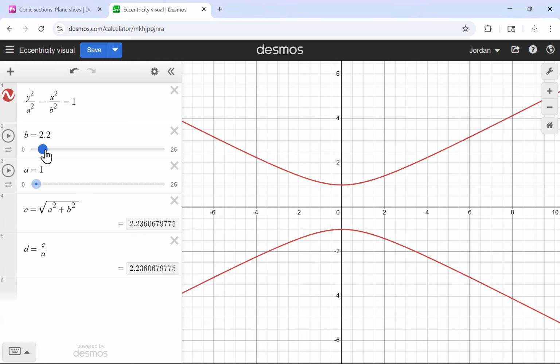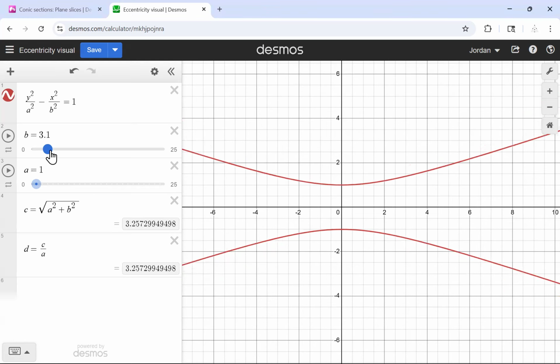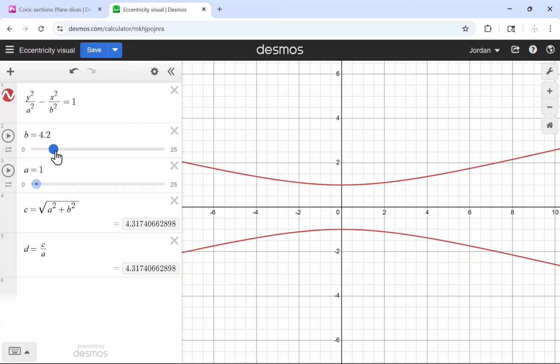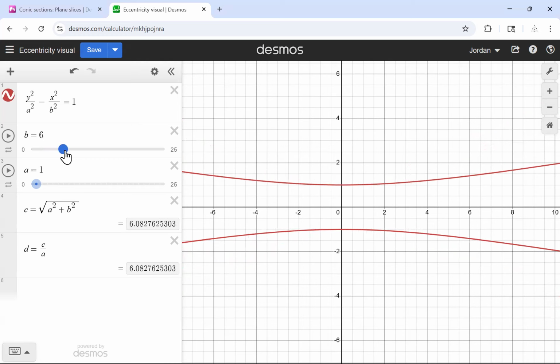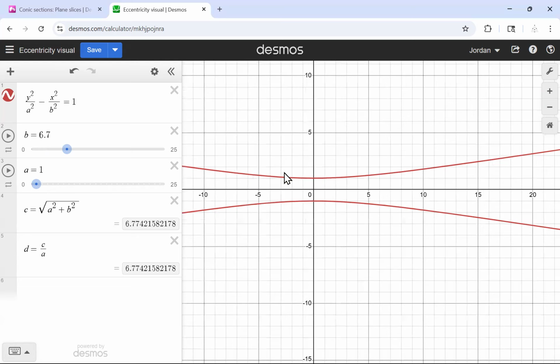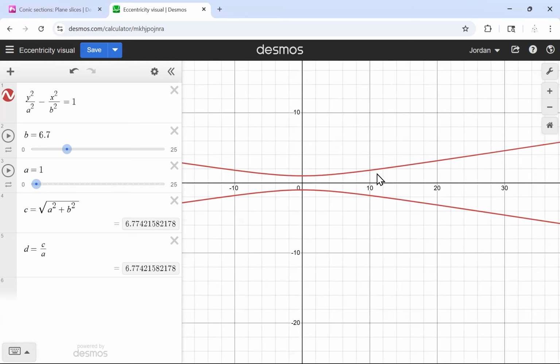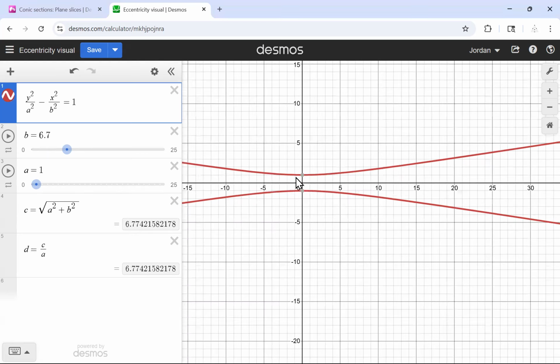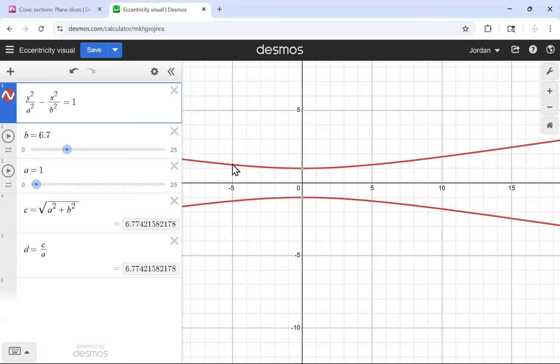As I start increasing the value of B, notice what happens. As the eccentricity gets more and more, this is a more rounded curve. And so close to the origin, it's going to look a little more like 2 flat lines.